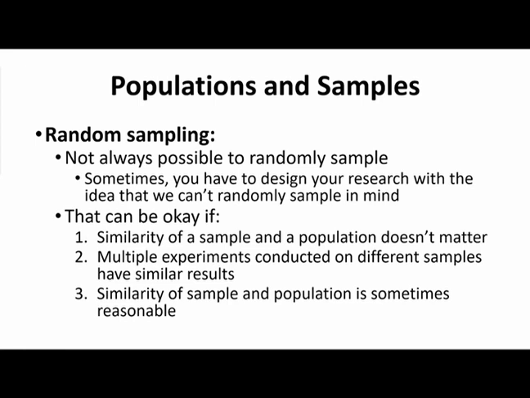Maybe you don't care whose brain it is because you're just interested in getting a view of a human brain. So it doesn't matter if you're studying a whole bunch of university students, because university students' brains don't have very different structures from non-university student brains. In that case, your sample is human, and that's close enough to your population to count.